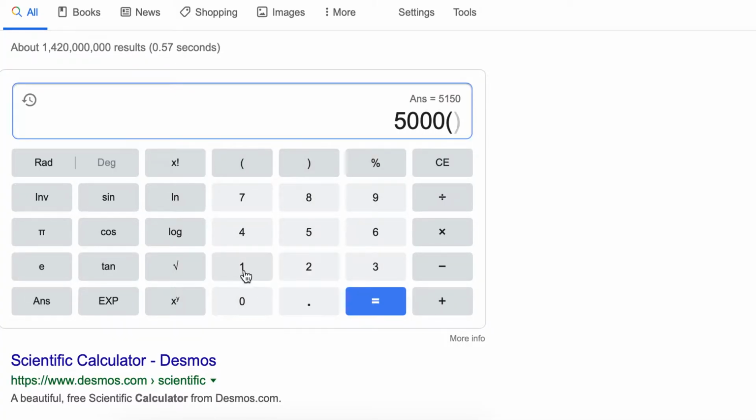5,000 times 1.03. Now we have to square this. So I'm going to hit Shift 6, because this is a little caret key, to get this 2 on the top. But I think you can hit this button too. On the calculator, let me write it down so you know.